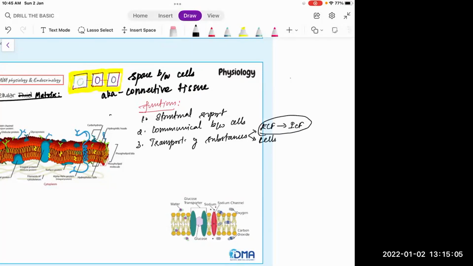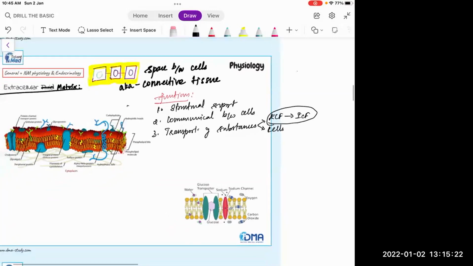Okay, so you have to transport a few substances between the cells or between the intracellular fluid and the extracellular fluid. It depends upon the function whatever is required. All of that is carried out by this extracellular matrix.